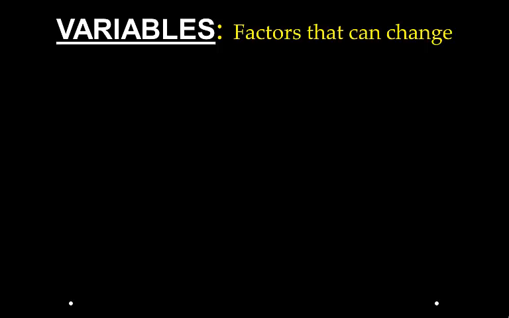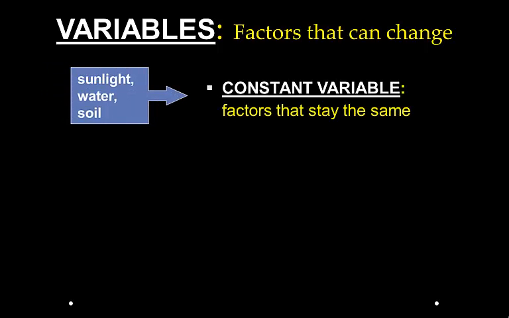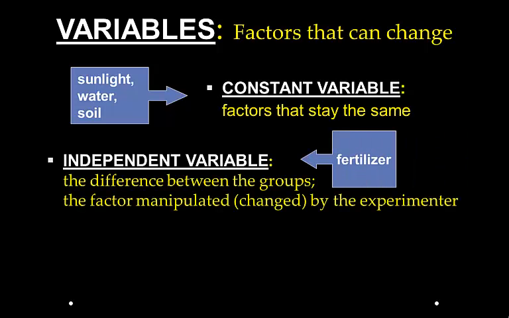Controlling an experiment also means controlling the variables so that only a single variable is studied. All variables other than the one to be tested must be held constant for both the control group and the experimental group. The independent variable, also called the manipulated variable, is the variable to be tested and is manipulated by the scientist.